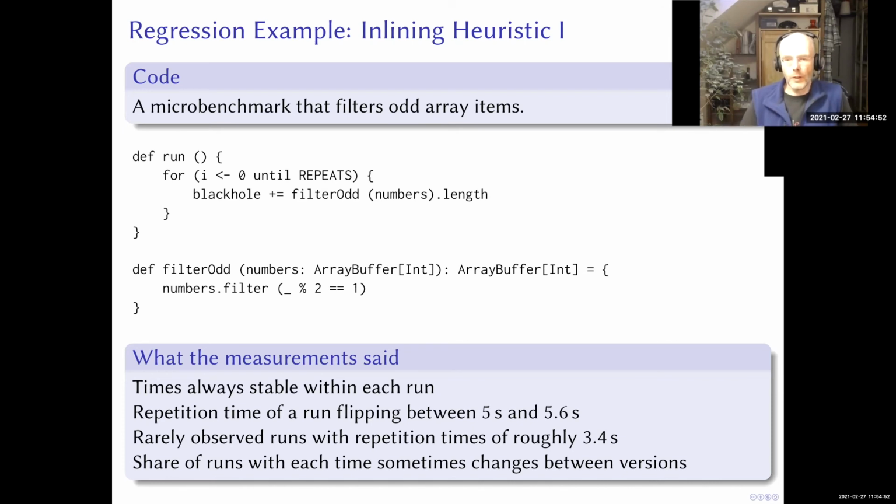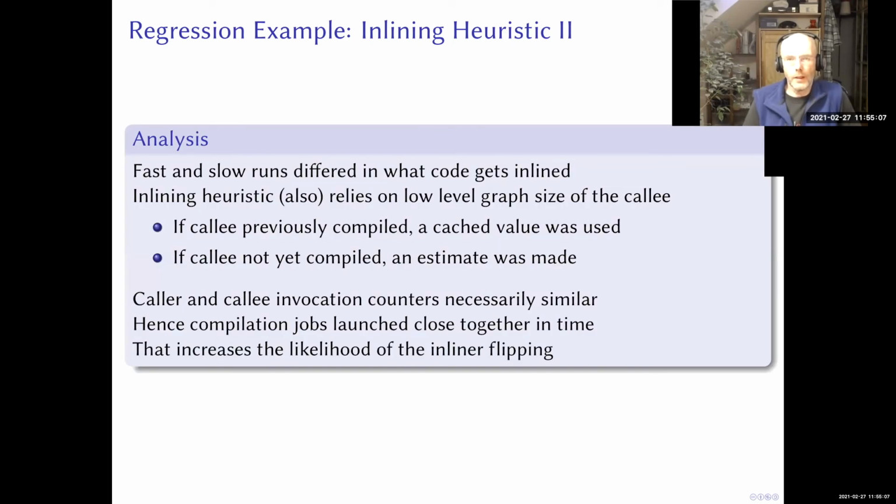It was because in the mix of all runs, the share of faster runs or the share of slower runs changed. And again, that's something that's difficult to report and explain. In this particular case, the reason was the inliner using a cache of previous code sizes from previous compilations to decide on whether to inline or not.